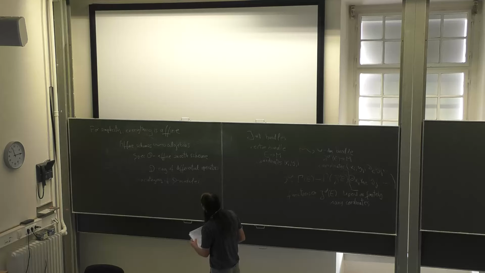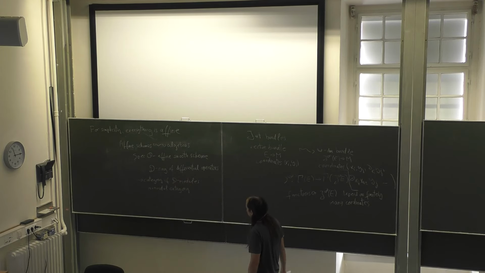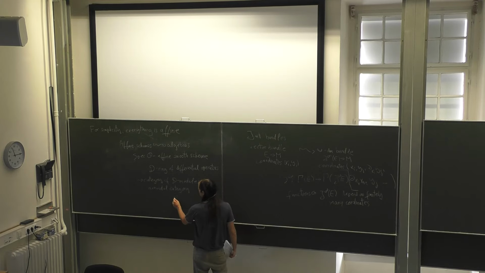And as it turns out, this is a monoidal category, which is kind of unusual because the ring of differential operators is non-commutative. But what you do is you take not the tensor product over D, but the tensor product over O.